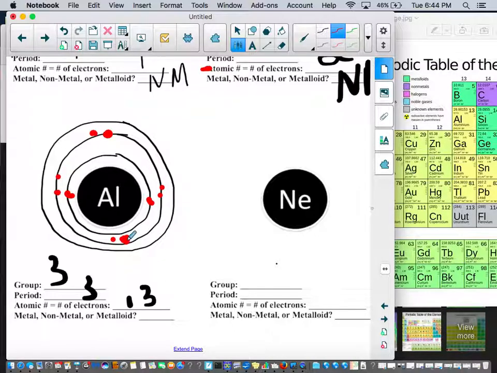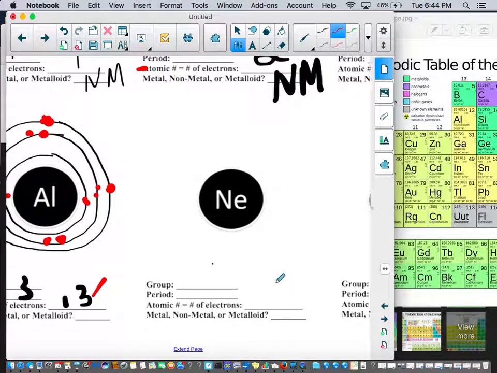Okay, so 2 on the first, 8 on the second. I'm at 10, and it has a total of 13. So 1, 2, and 3. Double check to make sure we did it right. Group number 3, we should have 3 electrons on the outside shell, and we do. Again, make sure you're pausing the podcast to try these on your own first.